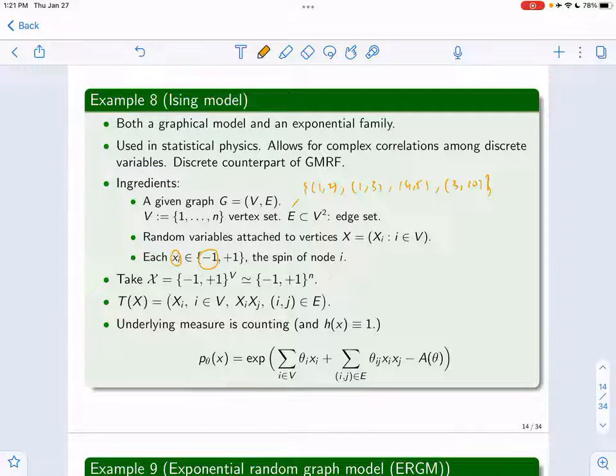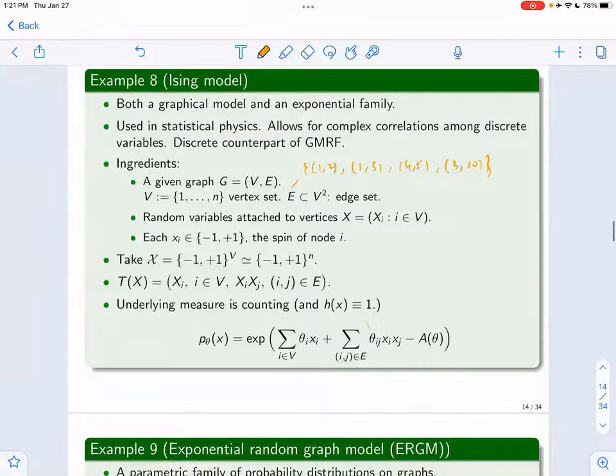So the spin of that guy is either -1 or +1. This is a distribution on the entire state of the material. In equilibrium, some of them would be +1, some would be -1, and it would be random. But this gives you the probability of observing a set of these plus and minus ones.